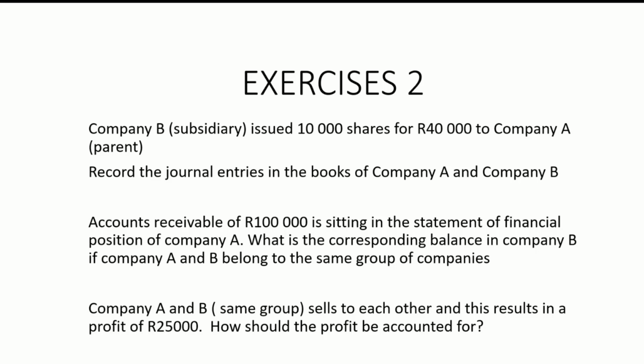So an entity can't sell to itself. Yes, that is one reason, number one. And then other people? Yeah, other people can't see that you made a profit because it's inside the group. Yes, that is true. What you have said, 100%.